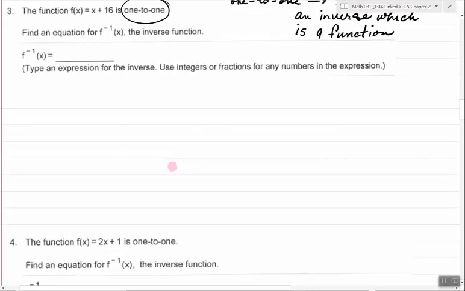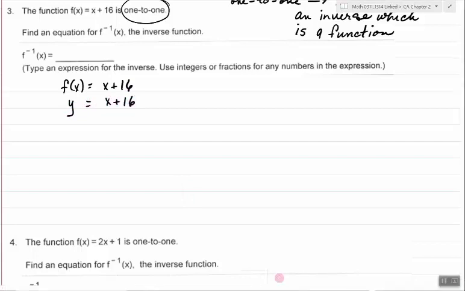It says f of x is x plus 16. In order to find its inverse, I will change f of x to y. I have written it in terms of y instead of f of x.